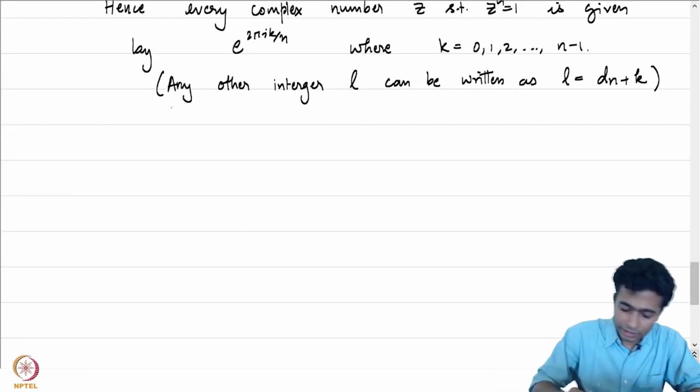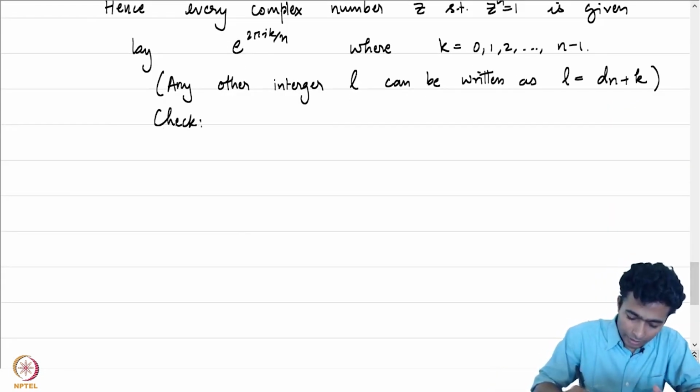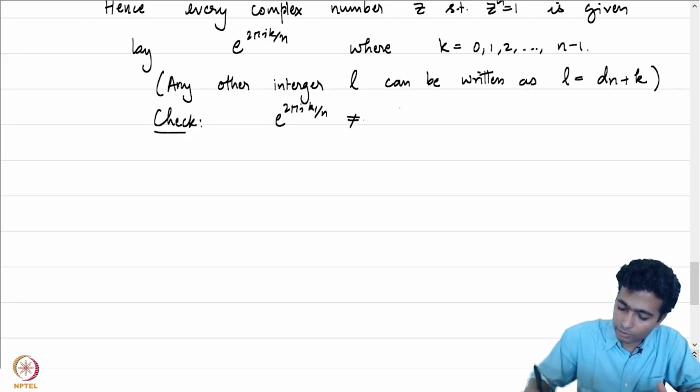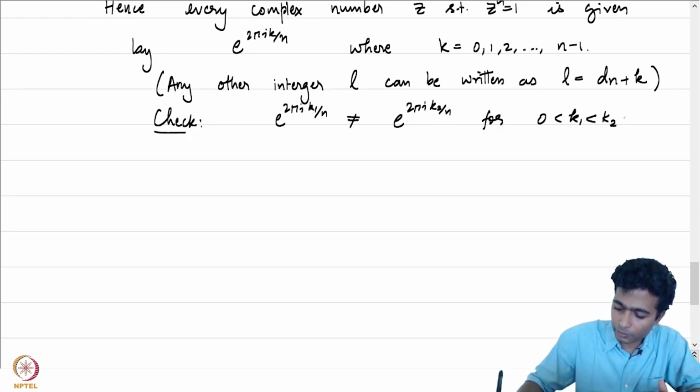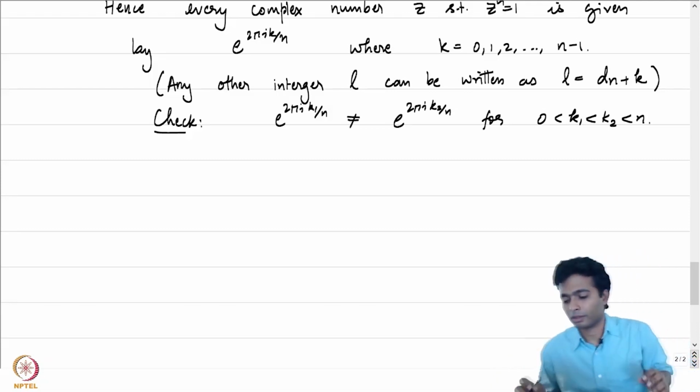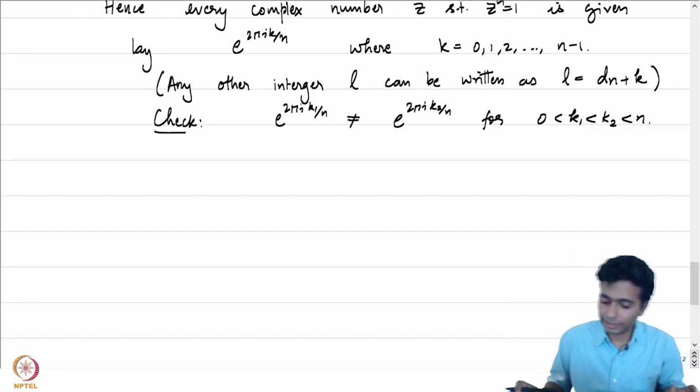I will leave it as a check for you to come up with an argument to establish that e to the power 2 pi i k1 by n is not equal to e to the power 2 pi i k2 by n for 0 less than k1 less than k2 less than n. For two different such integers, they will be distinct elements.